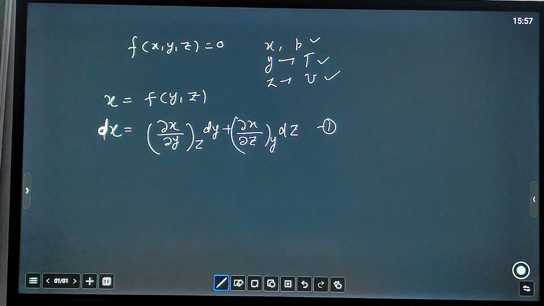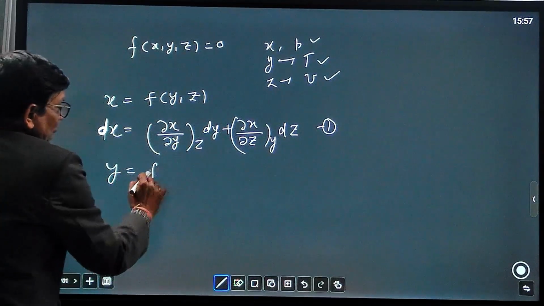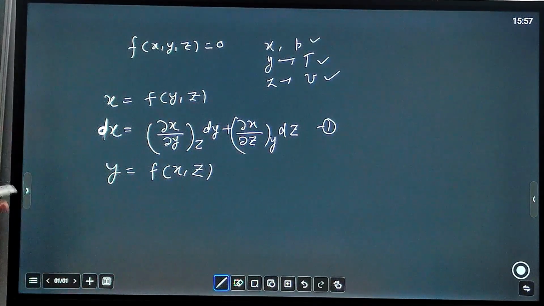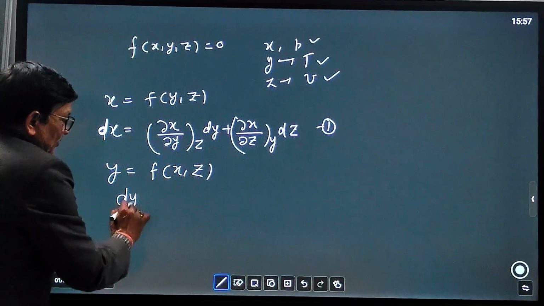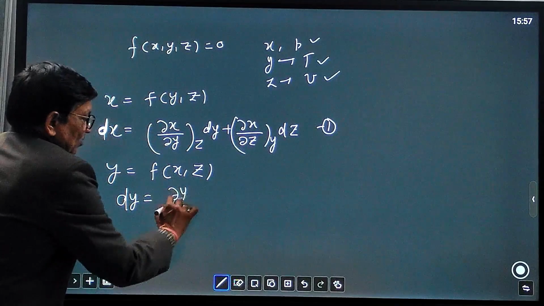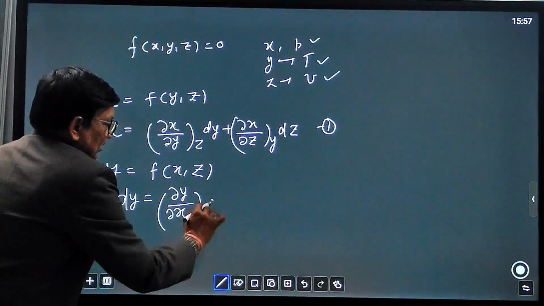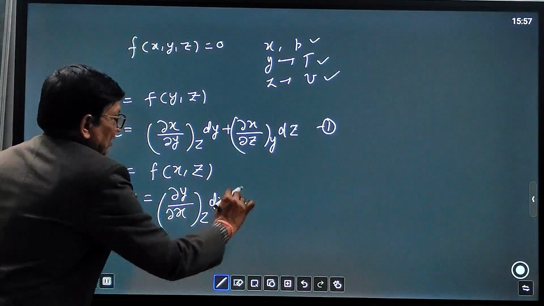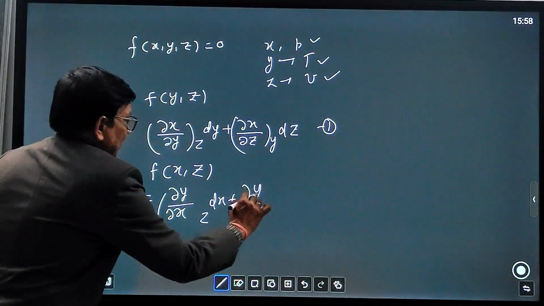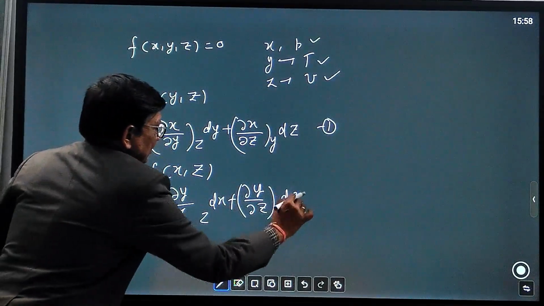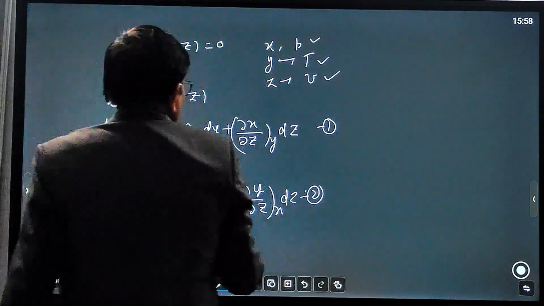Again, y is a function of x and z, so dy equals (∂y/∂x) at constant z dx plus (∂y/∂z) at constant x dz. This is equation number 2.